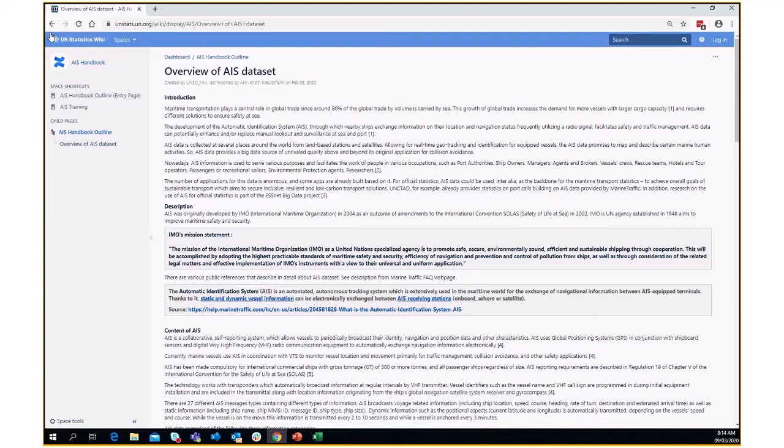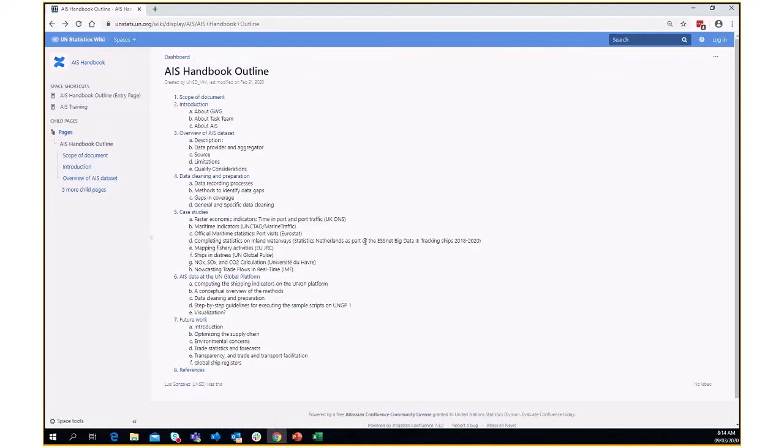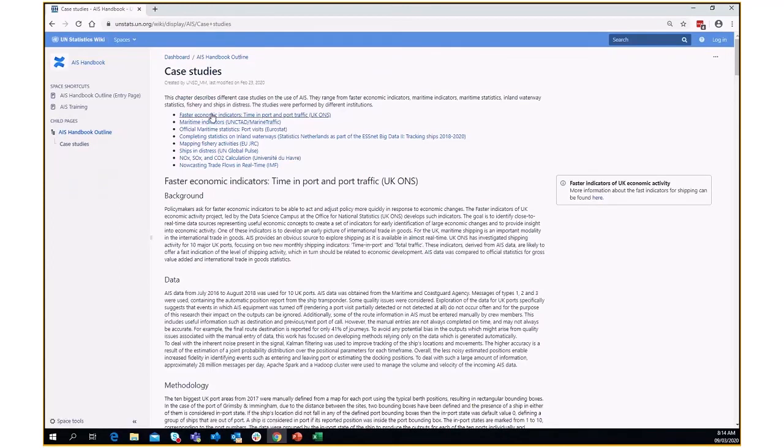And to have a look at one other page, because this is especially interesting for this AIS Data Week, the different case studies. So what you see is that AIS data is really used in different fields of research. And here we have the fast economic indicators. This is what I already talked about, where we show the code, for example. It's indicators that help to describe trade.